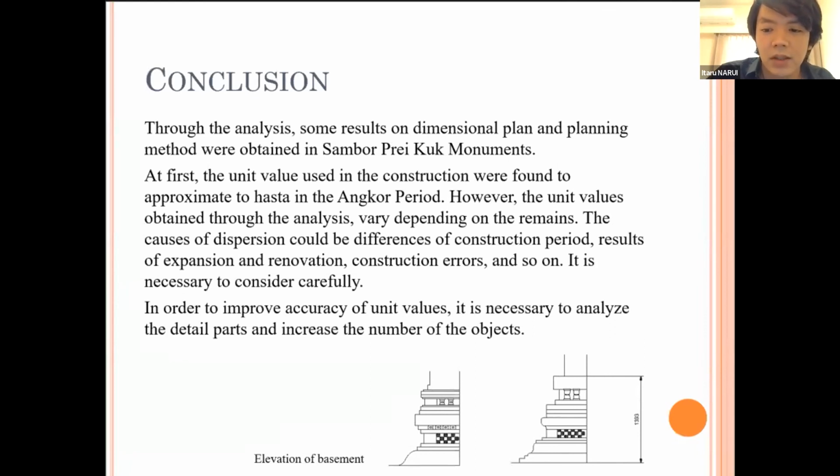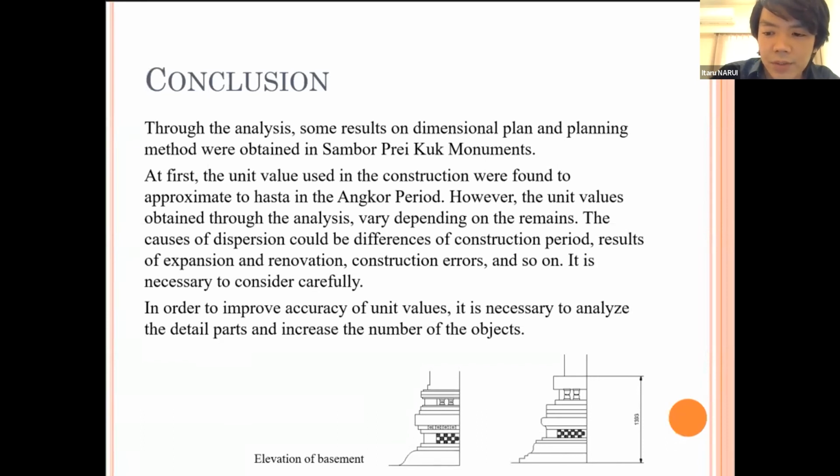The causes of dispersion could be differences of construction period, or the result of expansion and renovation, construction errors and so on. It is necessary to consider this carefully.